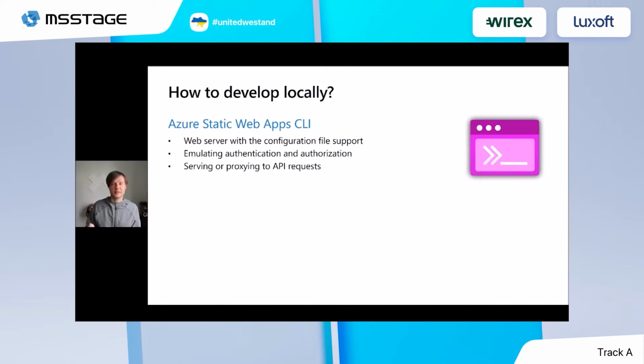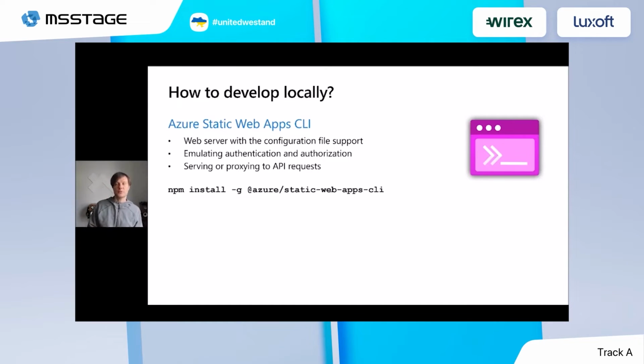So in that sense, it emulates the behavior. Same with authentication and authorization. You have convenient mocks to debug this on your local machine. And the same with API endpoints. There is proxying to the Azure Functions runtime on your machine. So you have full control over every single feature of your application.